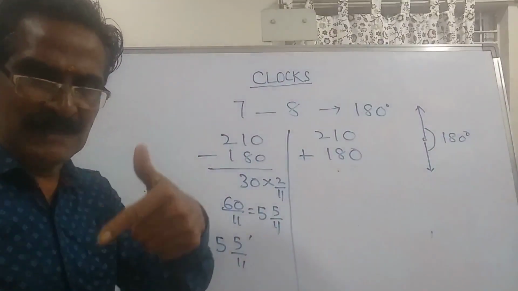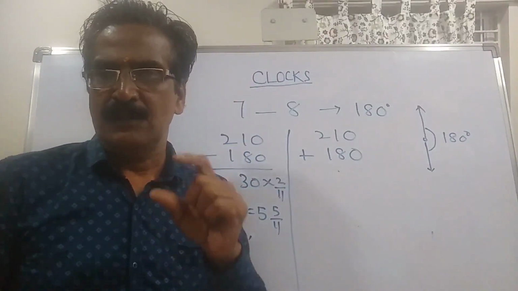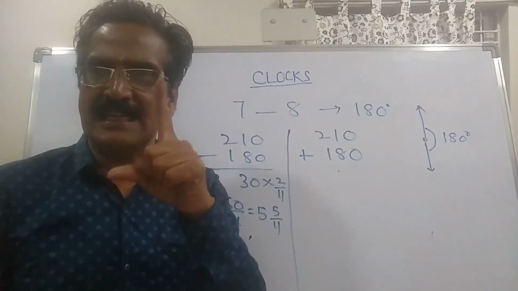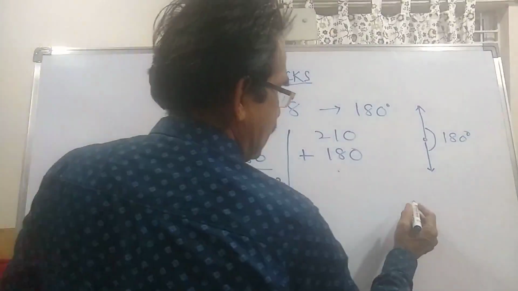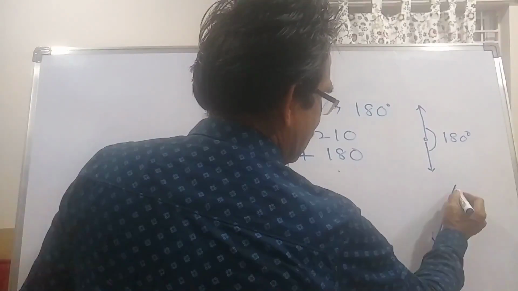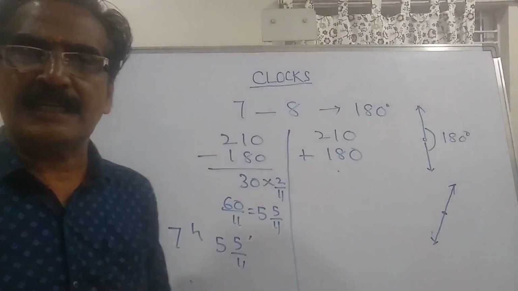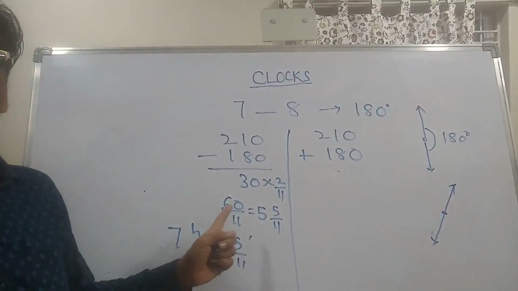You can just imagine the position of the hands at 7:05. The hands will come to a straight line position at 7 5 by 11.